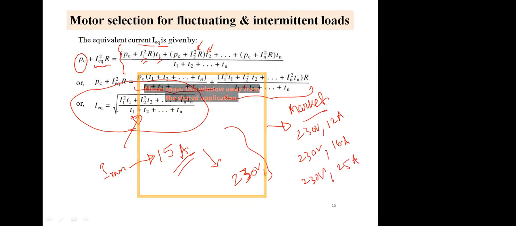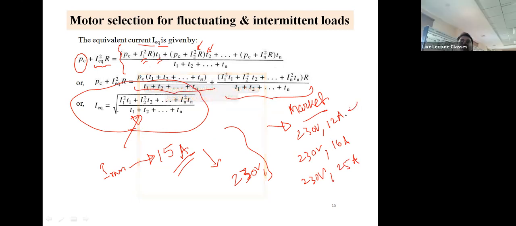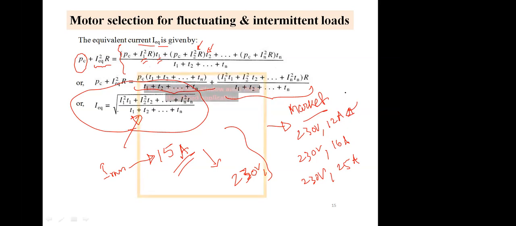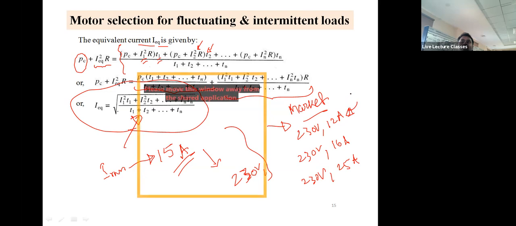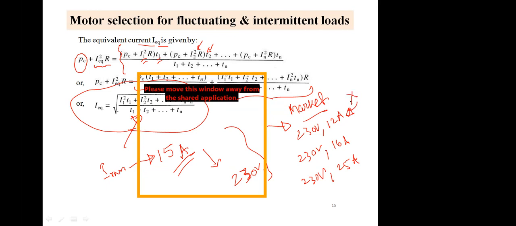Which one will you take? Will you take this? No. Why? Because it is underrated. It will not be able to handle the peak load also, or the steady state and starting torque load also. So this is rejected.